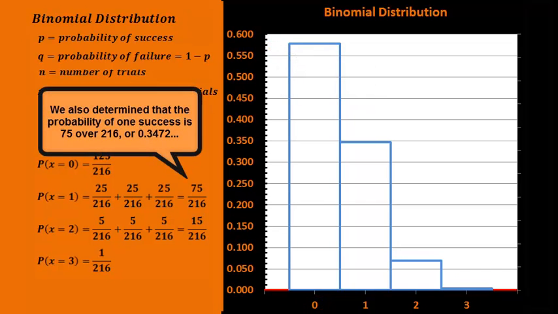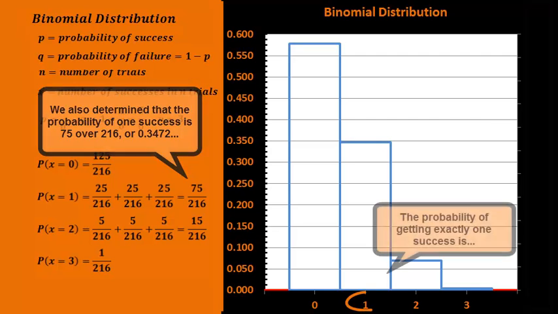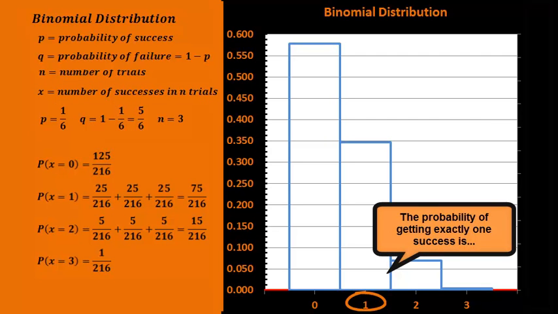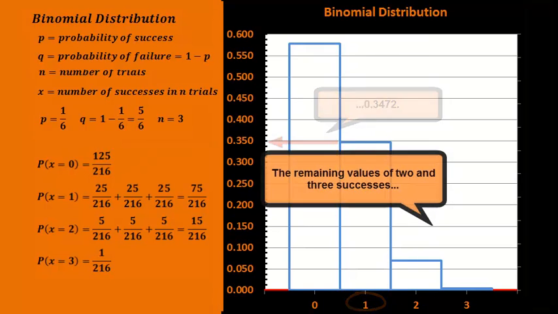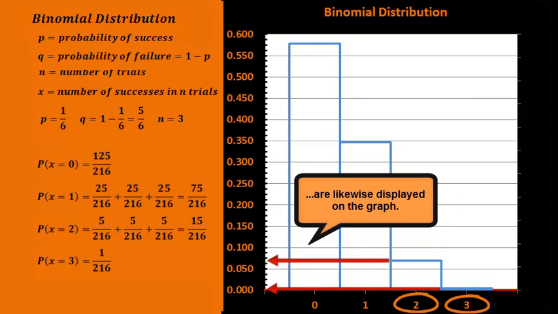We also determined that the probability of one success is 75/216, or 0.3472. The remaining values of 2 and 3 successes are likewise displayed on the graph.